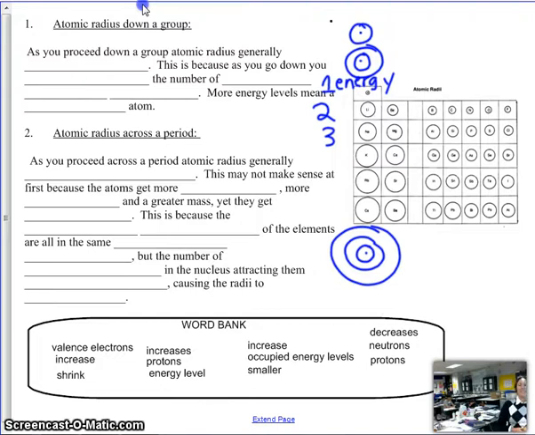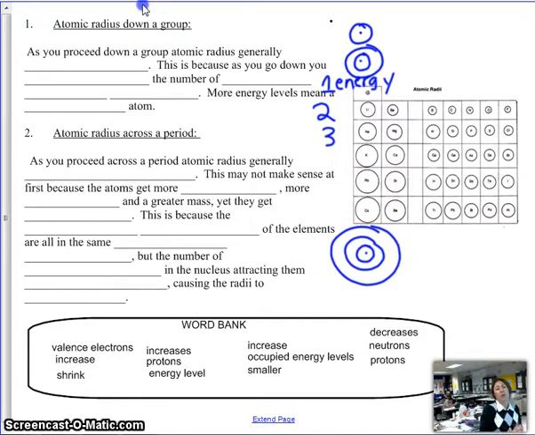Across a period is not so easy to understand. Across a period, it doesn't really actually make sense. You can see what's happening. You can see as you go across a period, atomic radius generally decreases. They get smaller, which doesn't make sense because as you go across, you go from 3 protons, 4, 5, 6, 7, 8, 9. You get more protons.